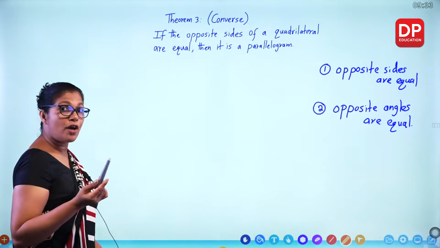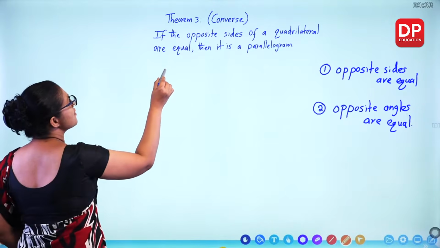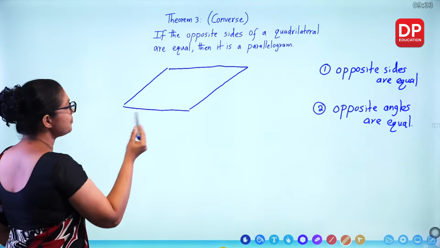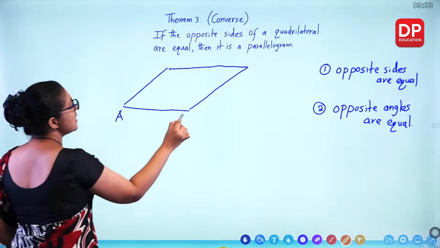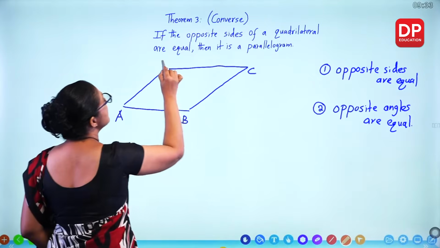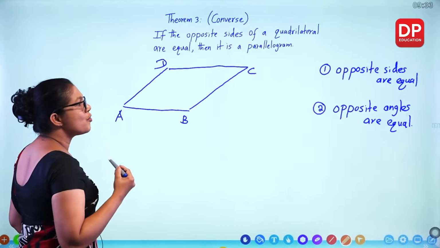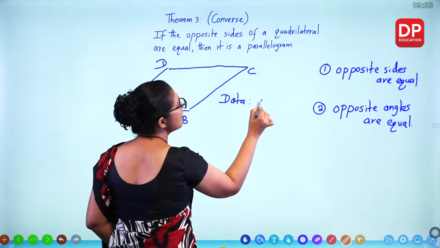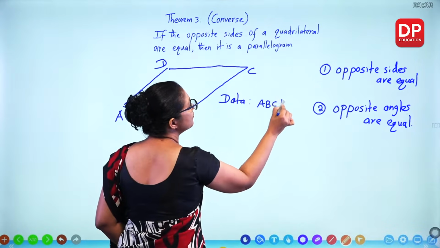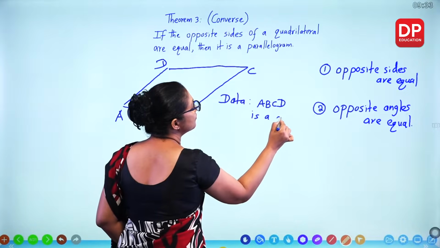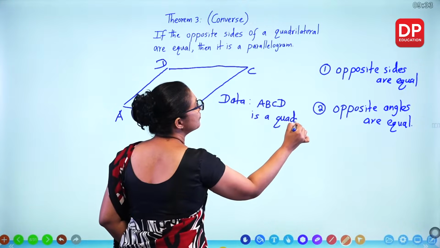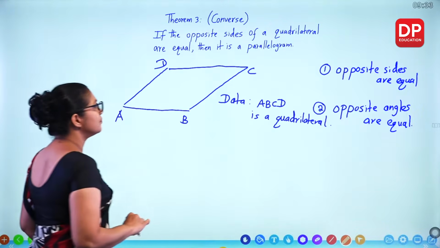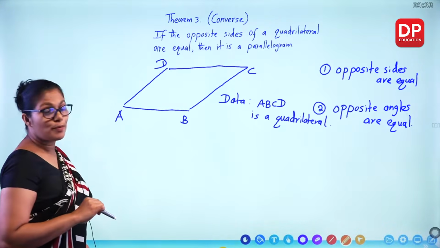So we'll take a quadrilateral now. Any quadrilateral. I'll take any quadrilateral like this, ABCD. So what do you know about this? We know that's a quadrilateral. And what do you need to prove?